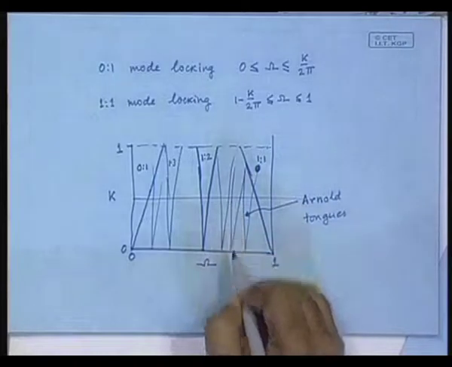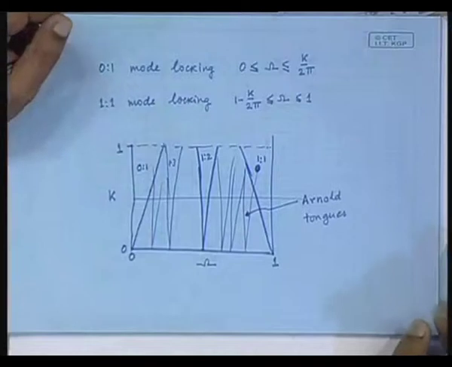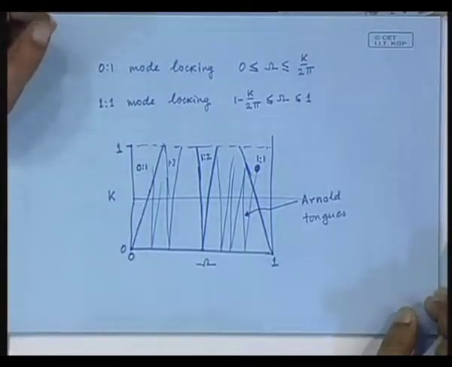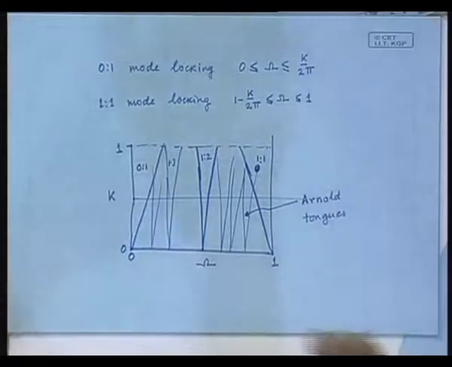So these things are the Arnold tongues. He was a mathematician in the 1960s who noticed this structure. Okay, fine. So you have these nice Arnold structures.